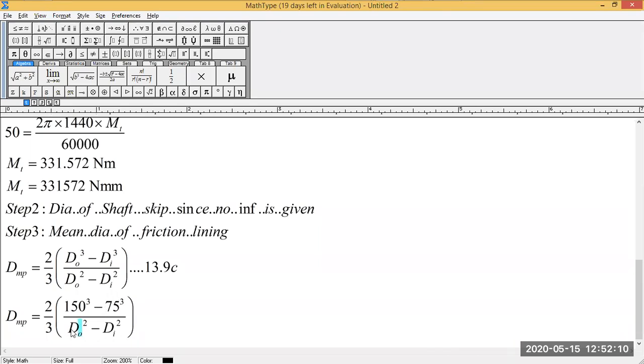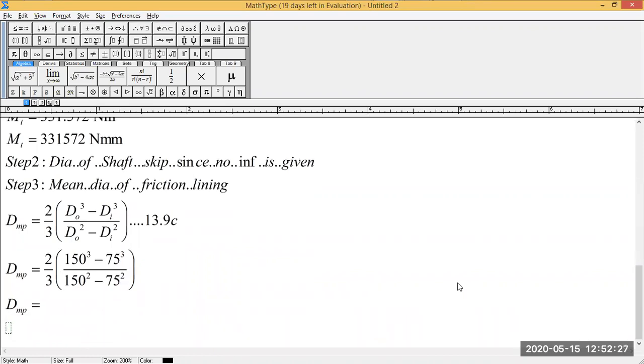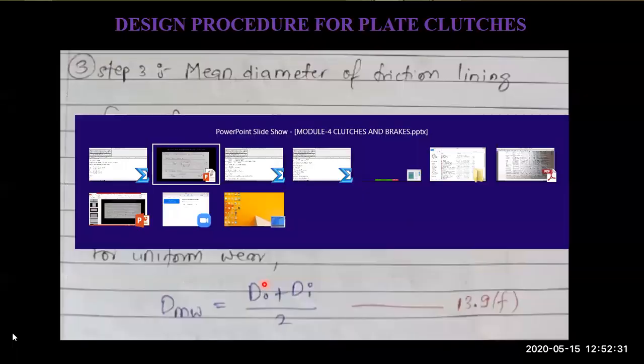We do the same here, 150 and 75. From this we'll get the mean diameter of the friction lining required. Calculate it, post it to the group chat, and step 3 is done.